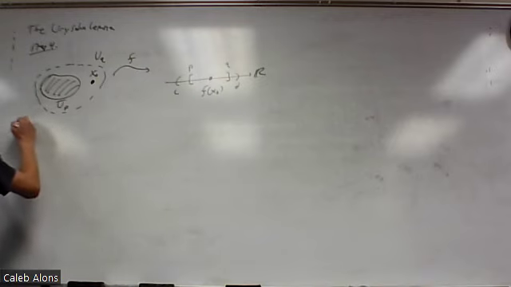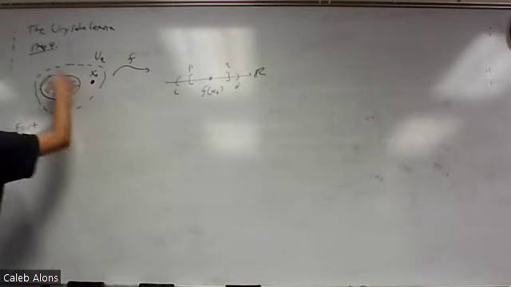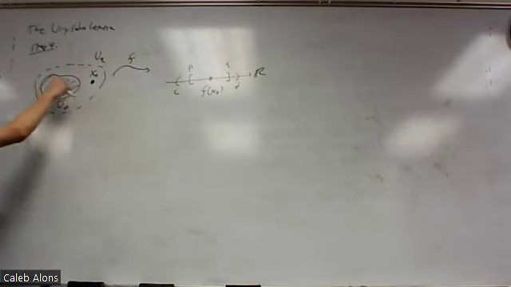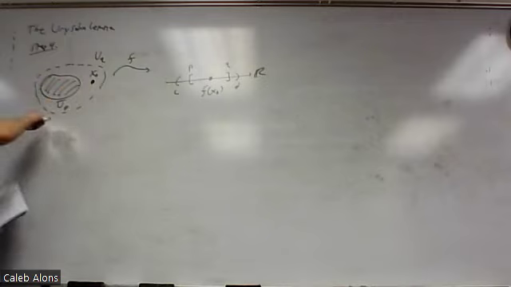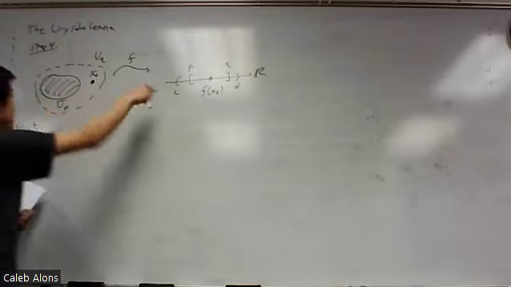So the space in between the dotted line and the closed set is the neighborhood that we're going to be talking about. That's going to be the open set that gets us over.